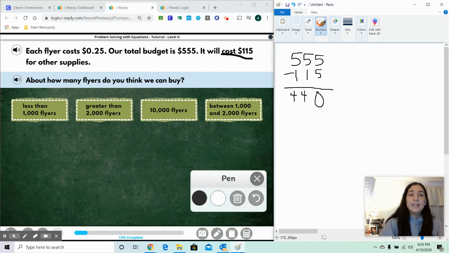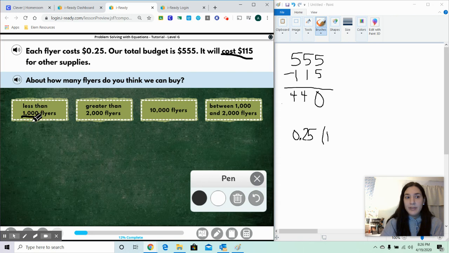Now, what we know is that each flyer costs 25 cents. All right, so we're going to do a little bit of mental math. So let's say we take our 25 cents, that's 0.25, and let's multiply it by 1,000 flyers, because that's the first number that they give us down here.